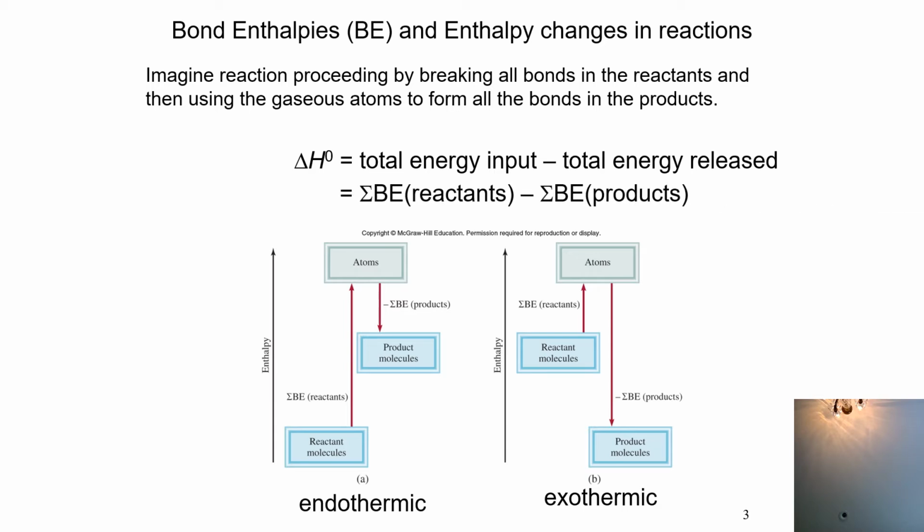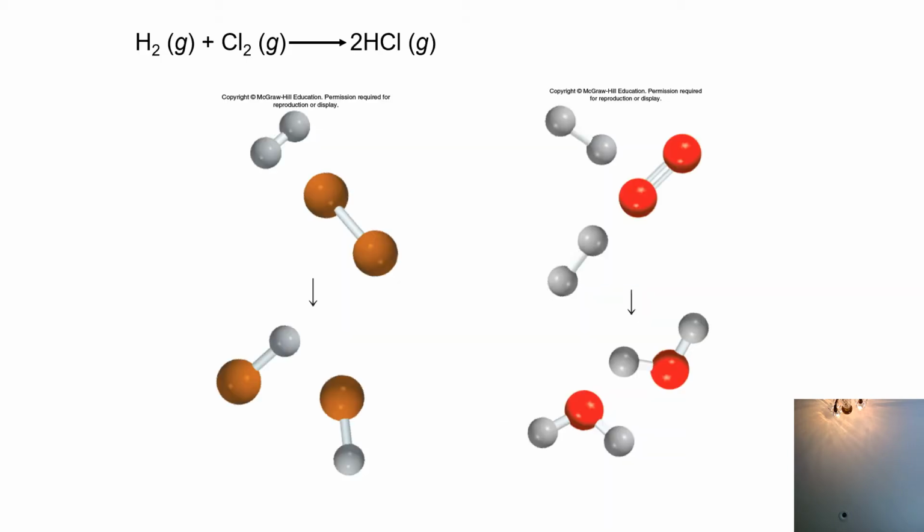What's different about calculating delta H based on bond energies versus delta H's based on heats of formation is that we are summing the bond energies of the reactants and subtracting from that the bond energies of the products.